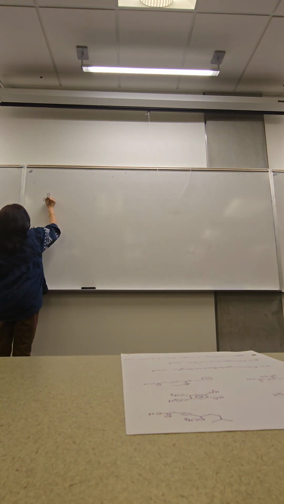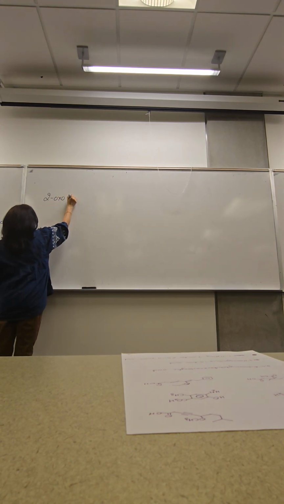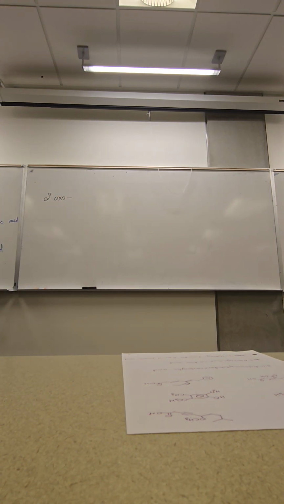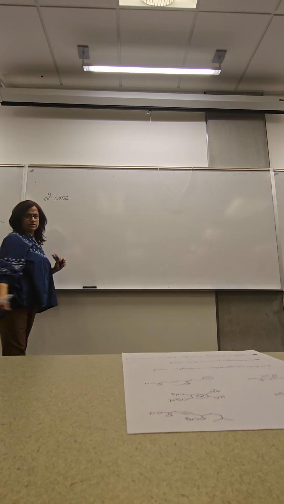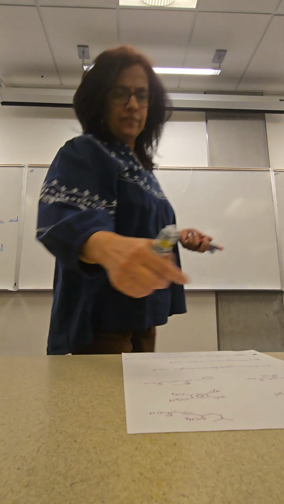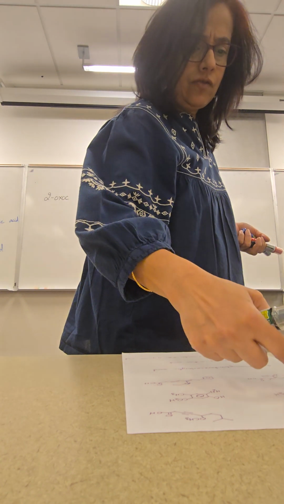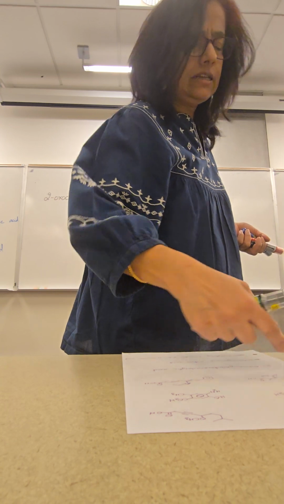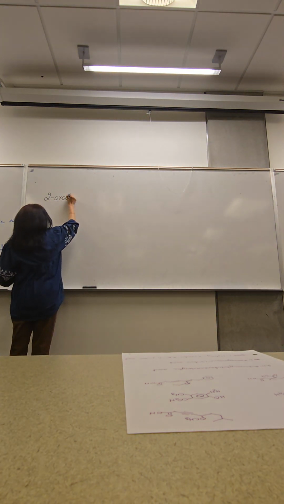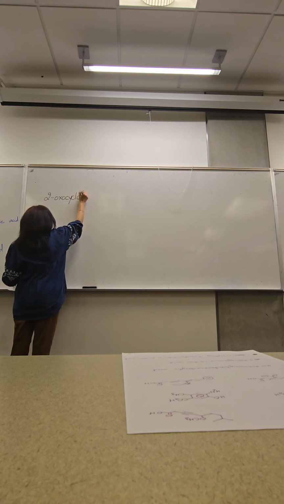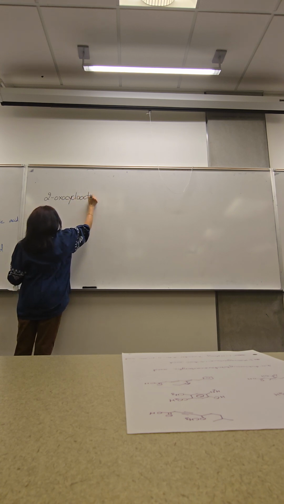The keto group as a group is an oxo group. And then? Oxocycloheptane. No, it's oct, right? Did I count wrong? 1, 2, 3, 4, 5, 6, 7, 8. Yep. Cyclooctane, and then?